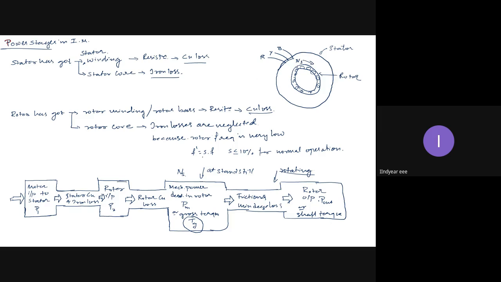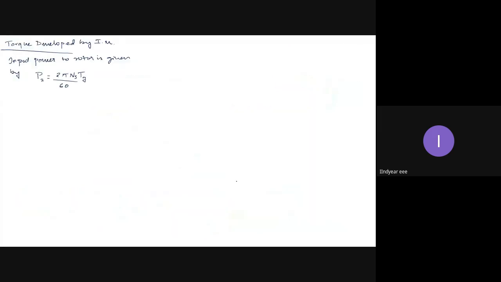Now, when the mechanical power is developed in the rotor, the rotor starts rotating at speed n. The rotor starts rotating. Actually, this arrow mark should come here, and this arrow mark should come here. The rotor starts rotating at speed n.